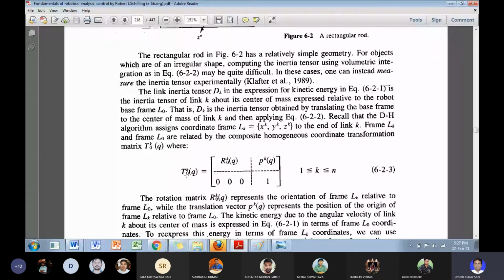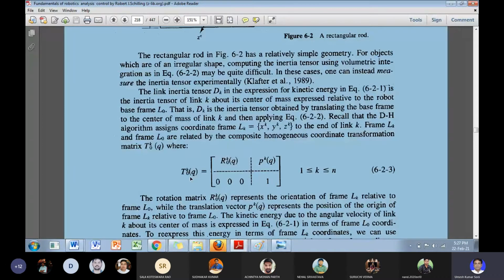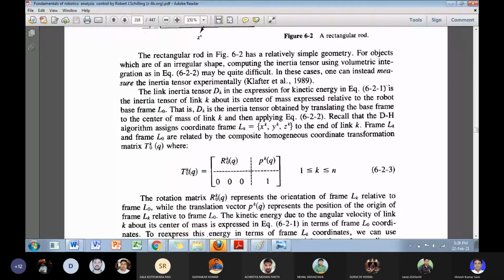So here T k 0 defines the complete homogeneous transformation matrix of the kth frame with respect to the base frame. K is the last frame which we want to define. K may vary from 1 to n, and 0 is the base frame.